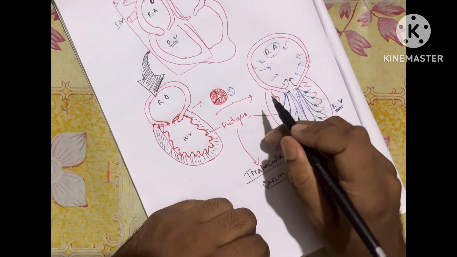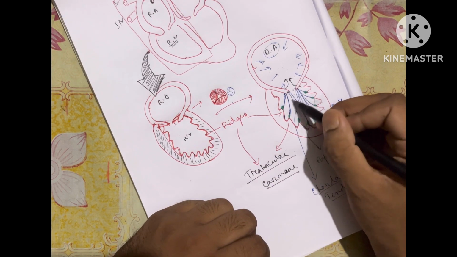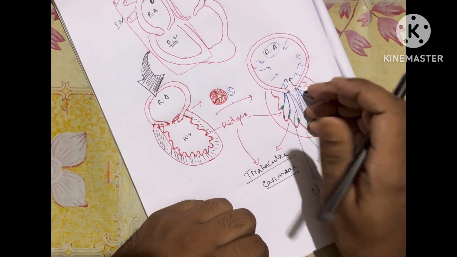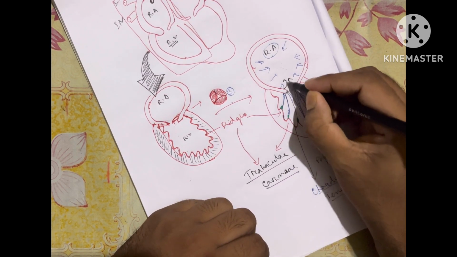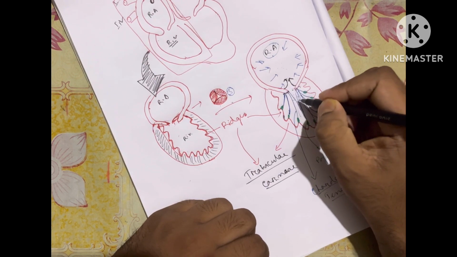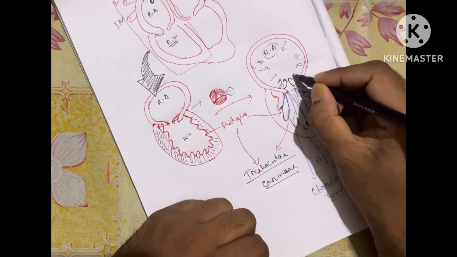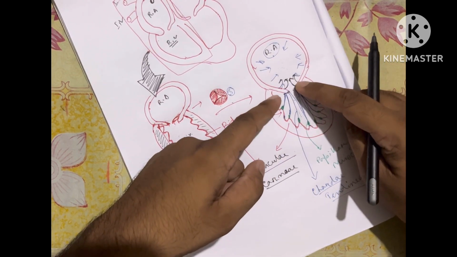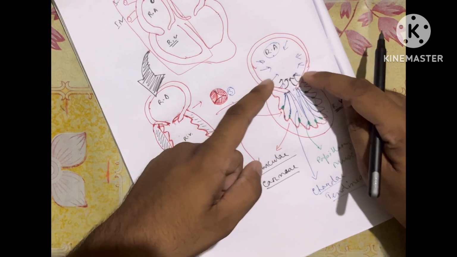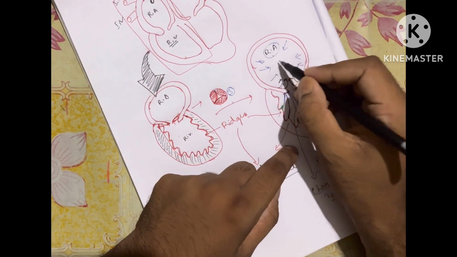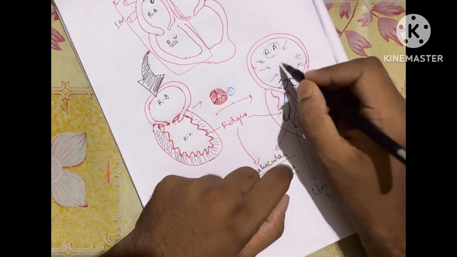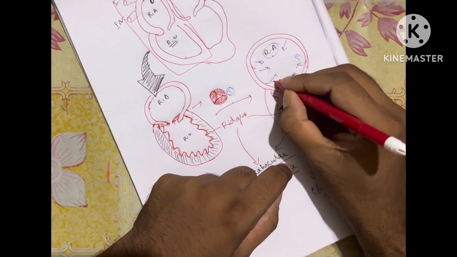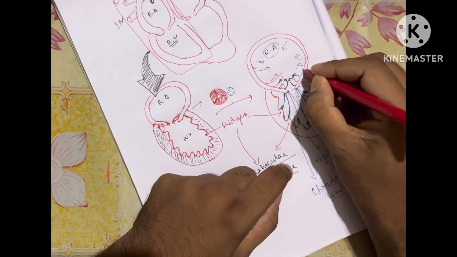But if you just imagine that those tendons are not attached, then as a result of that forceful contraction, that valve may get turned in the backward direction and flattened towards the internal linings of our right atrium. The valve may become like this structure.